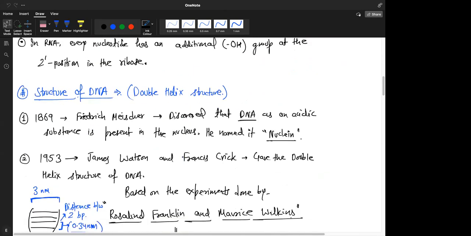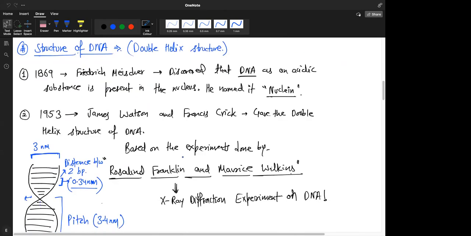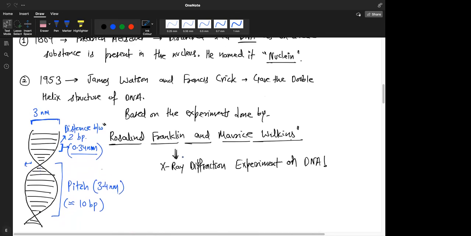He named it nuclein. Then in 1953, James Watson and Francis Crick gave the double helix structure of DNA based on the experiments done by Rosalind Franklin and Maurice Wilkins. They did an X-ray diffraction experiment on DNA.